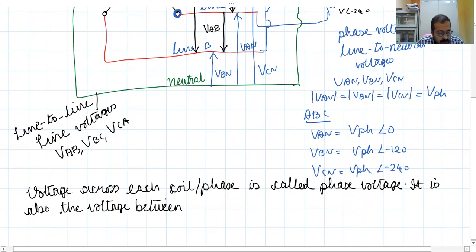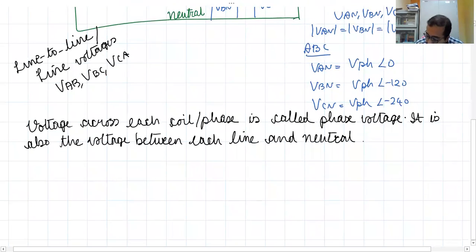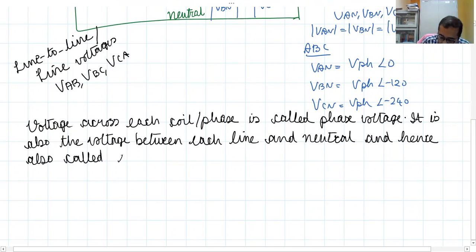It is also the voltage between each line and neutral, and hence also called line to neutral voltage.